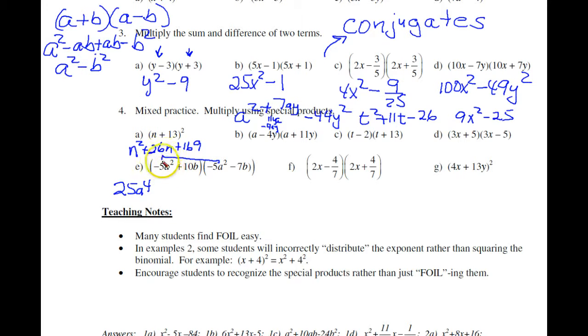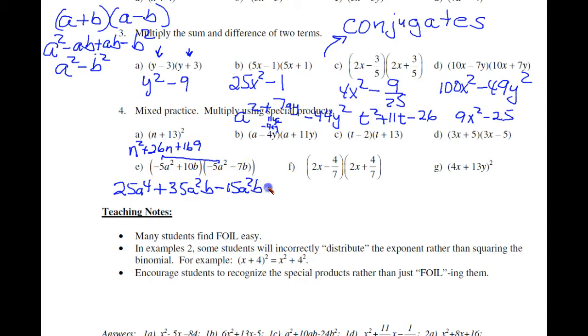Now my outers, this might be a complicated, so I'll write it out. A negative times a negative makes it a positive 35a squared b. Inners, a negative 50a squared b.